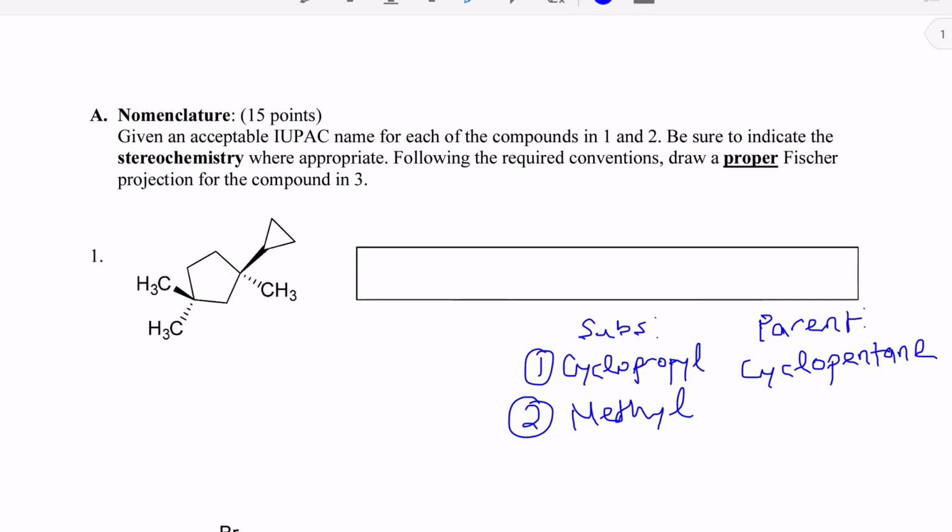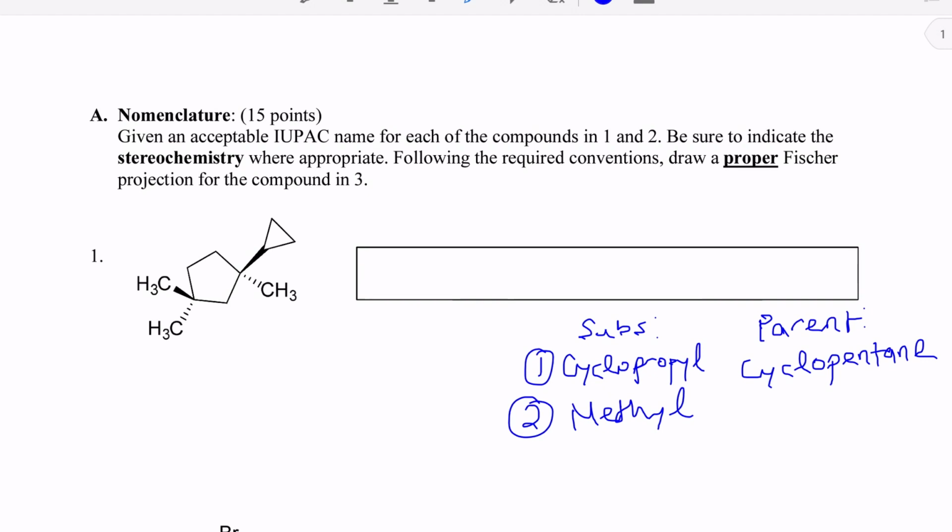In order to address this question, we need to consider alphabetical order. For a cyclopropyl group, it starts with a C, and the methyl group starts with an M. So by alphabetical order, the cyclopropyl group would come first.